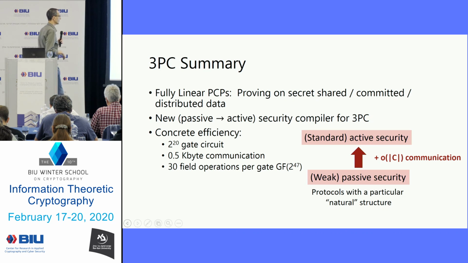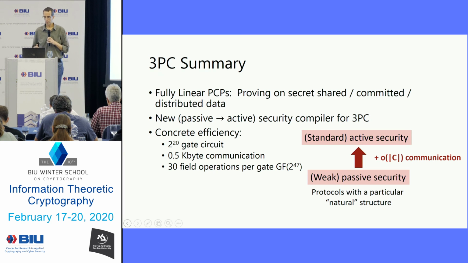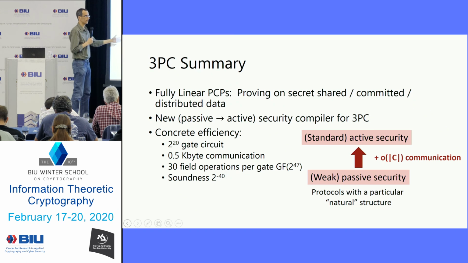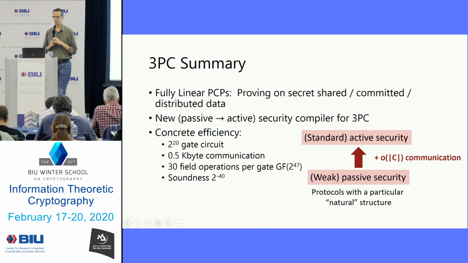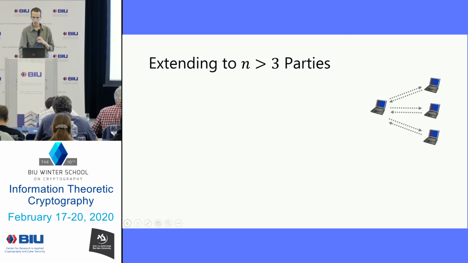It's a number of field operations per gate, but the communication is by far the bottleneck in those protocols in almost all settings, so that's reasonable. And the soundness is good enough. I mean, with that kind of soundness, everything will work fine.